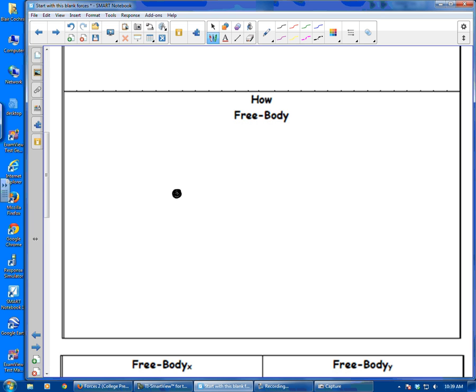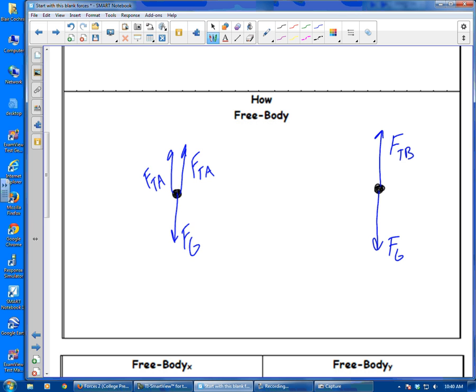So, in situation A, I'm going to use this side for A and this side for B. So, drawing my free bodies in here, it's a lot of the same type stuff. And those would be what my two free bodies should look like.